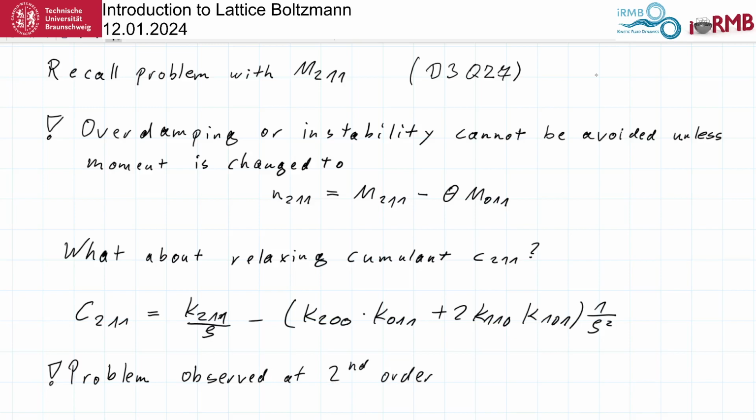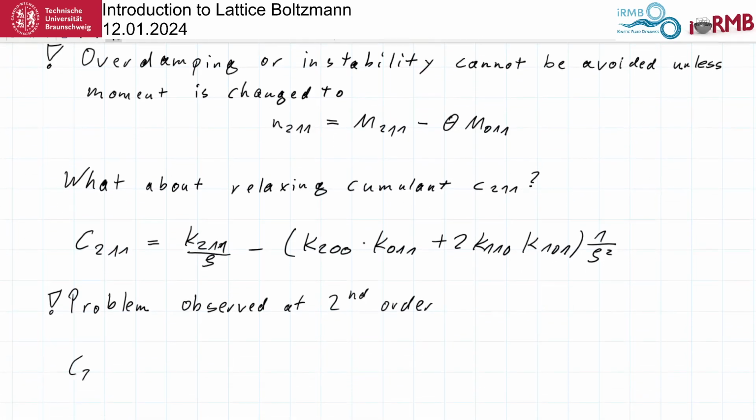So for this, we do an expansion of the cumulant. So we look at the cumulants to second order, meaning we have also the moments expanded to second order. So this here would be rho to the 0 order, minus, now we have to expand the products here. And now it's important to know that since these are all even order moments, they only contain even orders in the diffusive scaling.